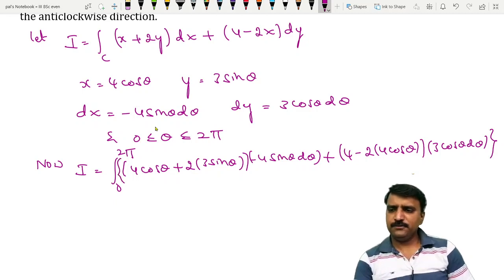So I is equal to the integration from 0 to 2 pi.